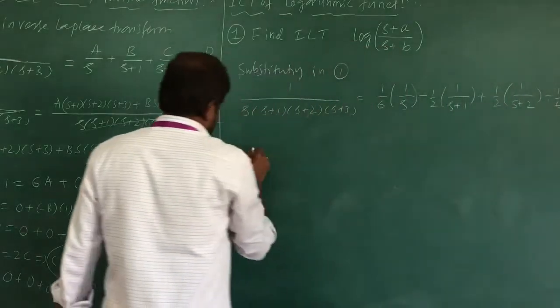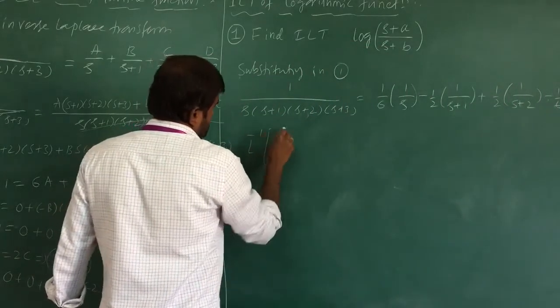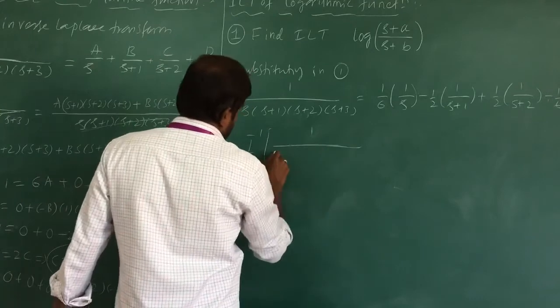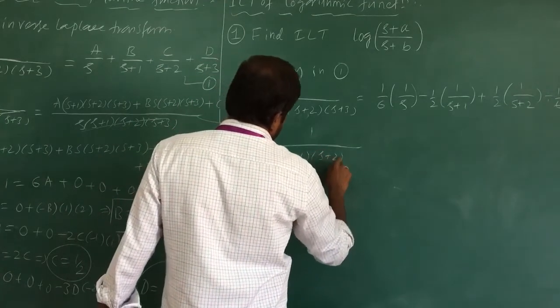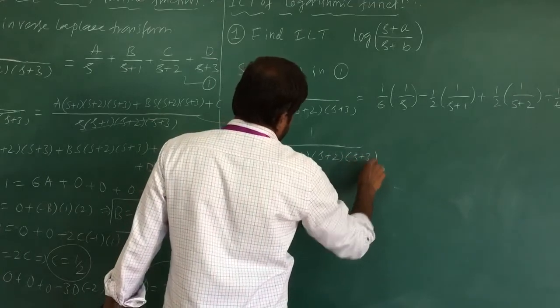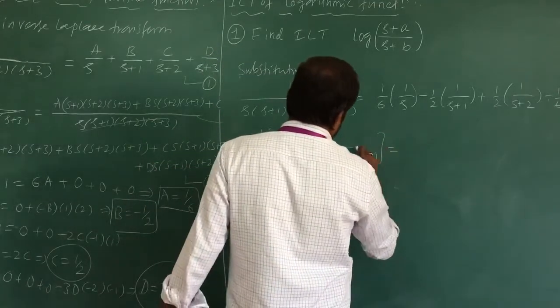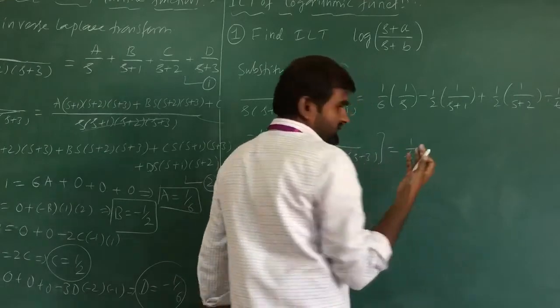Now take L inverse of 1 by s into s plus 1, s plus 2, s plus 3 equals, so 1 by 6 constant comes outside.